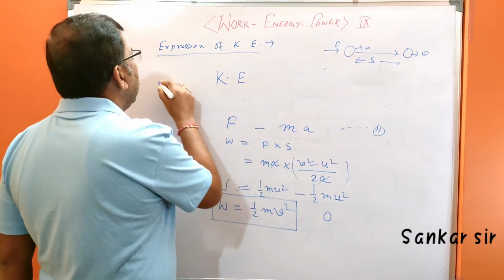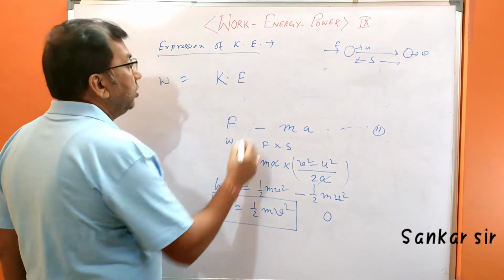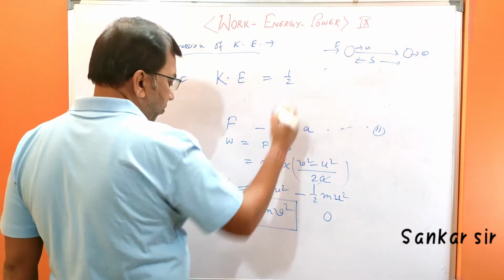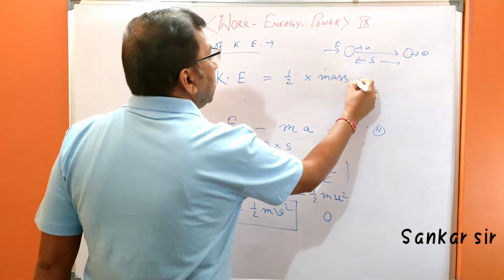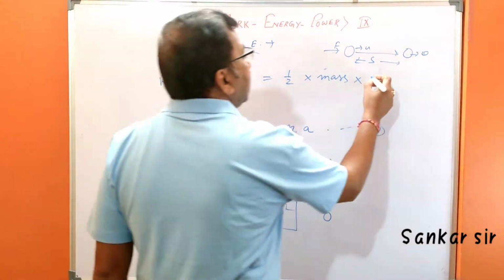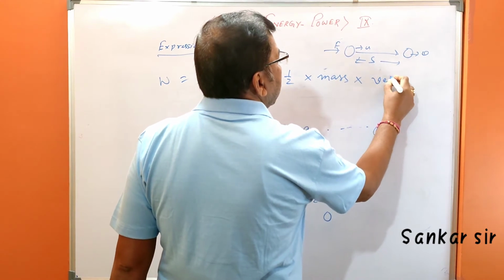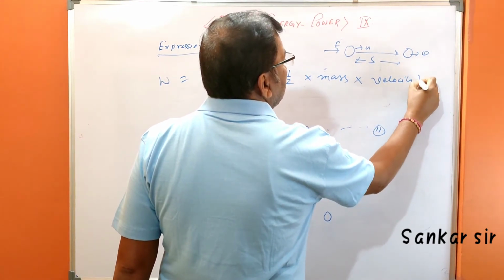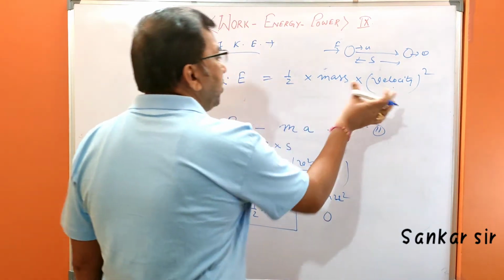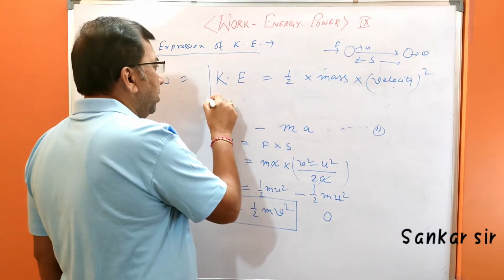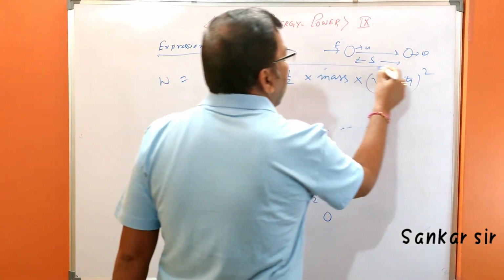KE equals to half into mass into final velocity square, final velocity obviously, half m v square. This is the kinetic energy equals to half m v square.